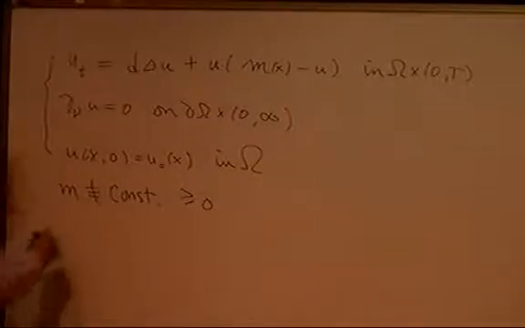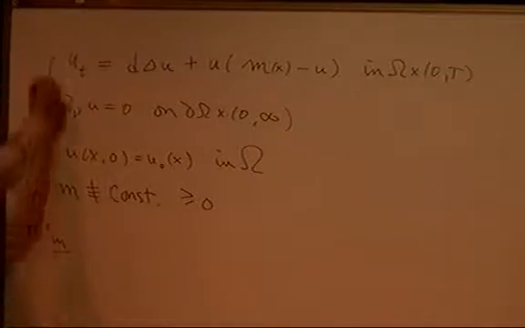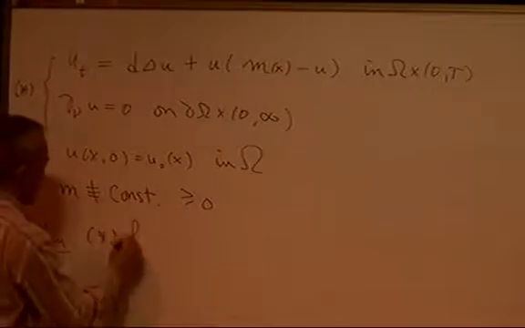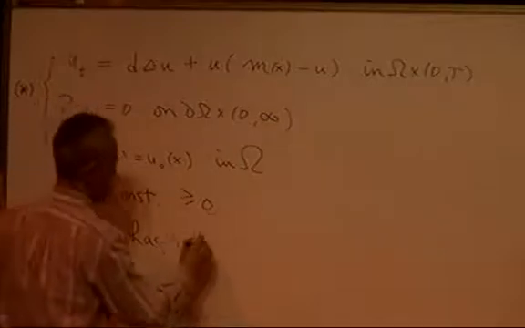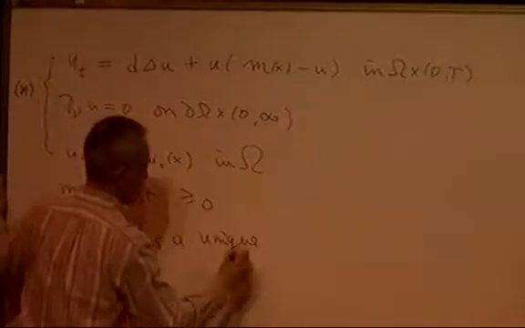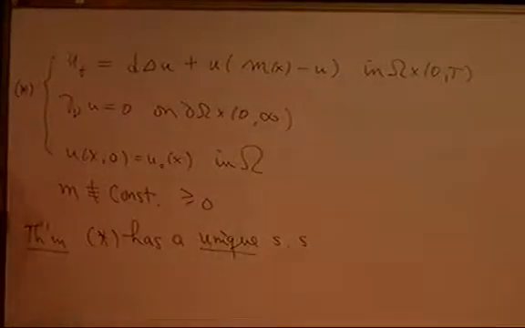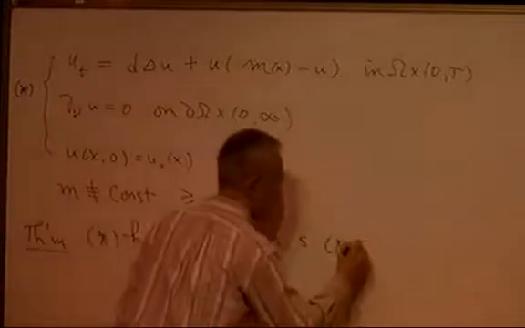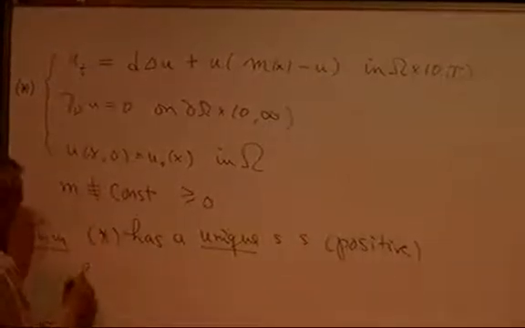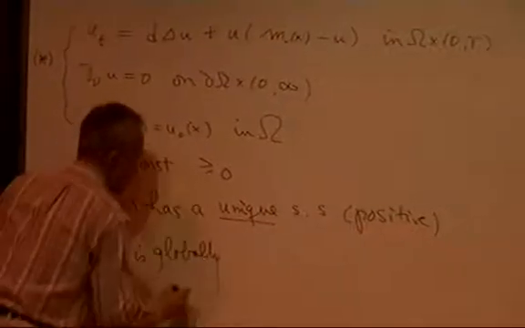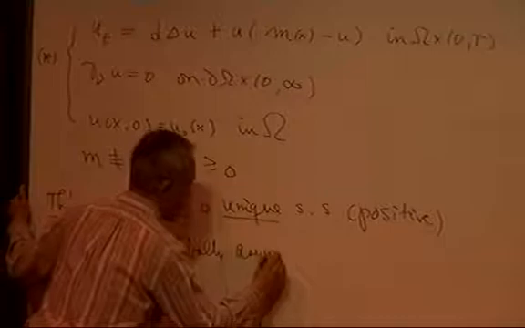So this is what we can do. This is what we will prove next time, theorem. If I call this problem star, then star has a unique positive steady state, which is globally asymptotically stable.